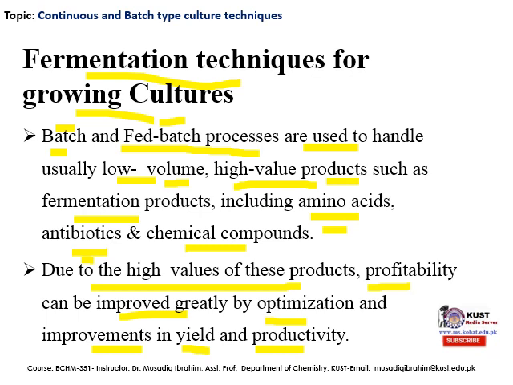So it means that during the process of fermentation, if the industrialist is using either batch or fed batch process, then by optimizing the conditions, whether you are talking about the nutrients addition, or the pH optimization, or the aerobic process optimization, the yield as well as the productivity of these high value products can be increased.